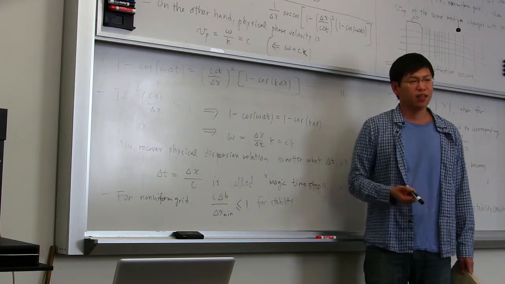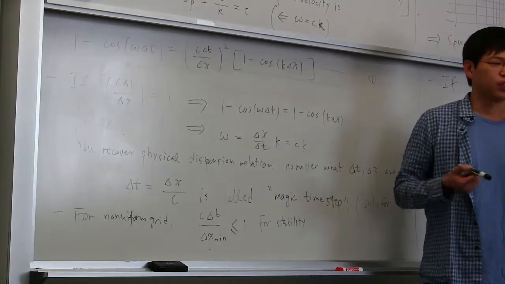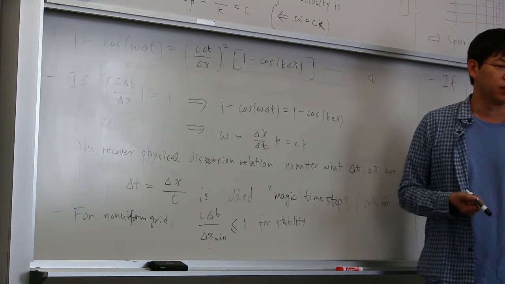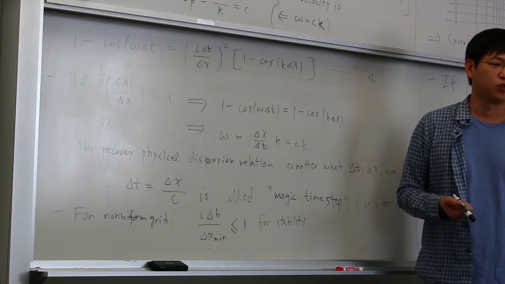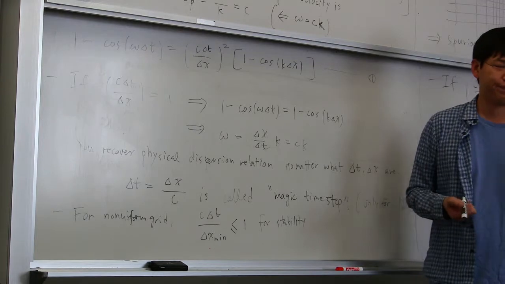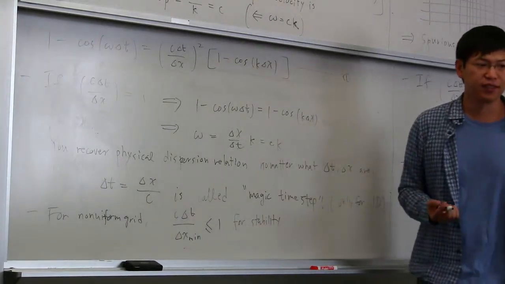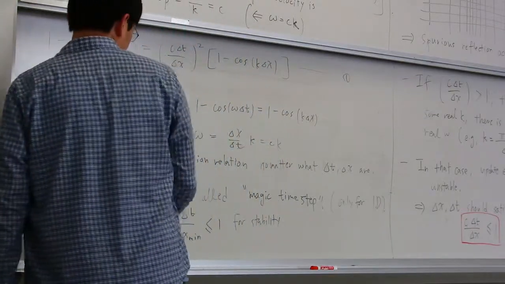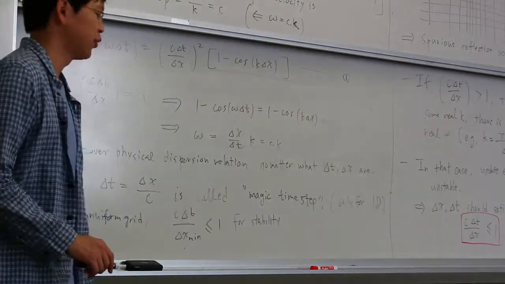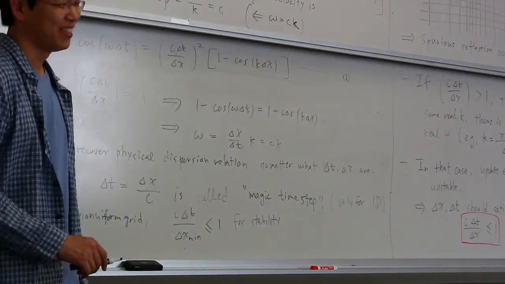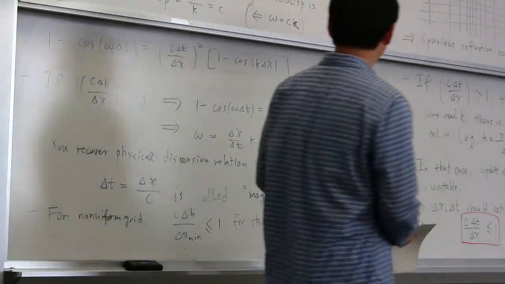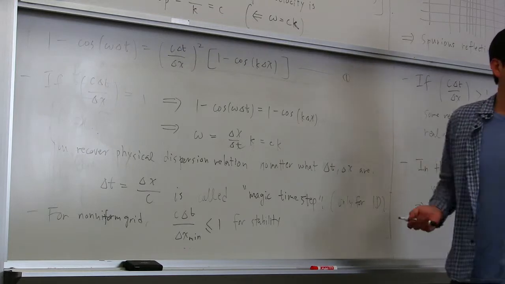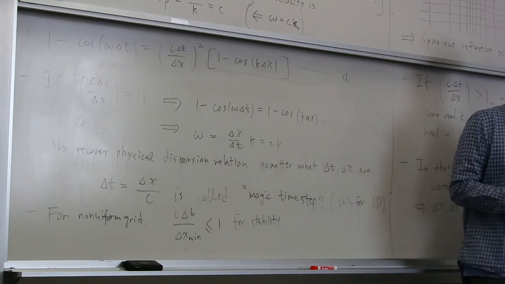But that means for the coarse grid, you suffer more from the numerical dispersion issue. So you should be careful how small you make your smallest cell. Yeah, you cannot make the smallest cell arbitrarily small. Will someone use a non-uniform time step? No.